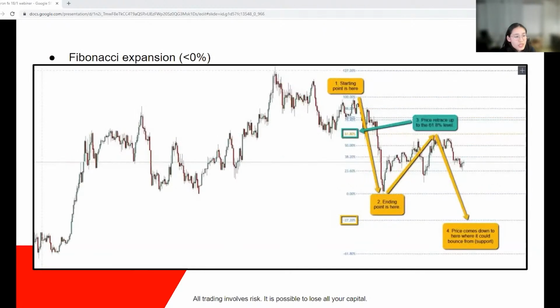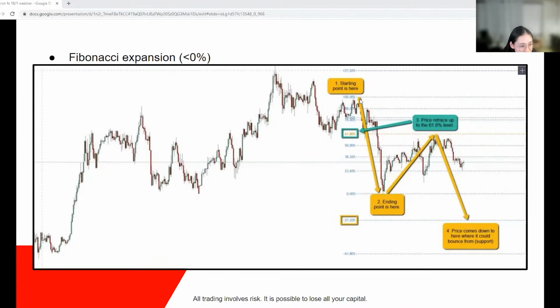Here's an example of the Fibonacci expansion and how it plays out. Our starting point is here, ending point is here. For expansion, you want to look for a flash zigzag, which you can see over here from the arrows. It's like a flash kind of symbol or a lightning bolt. So you want to look out for these when you identify Fibonacci expansions.